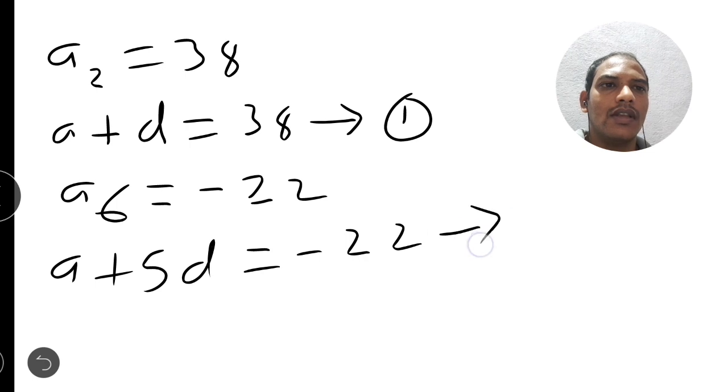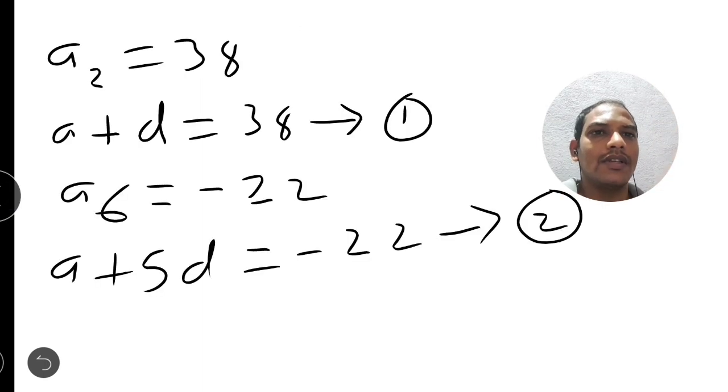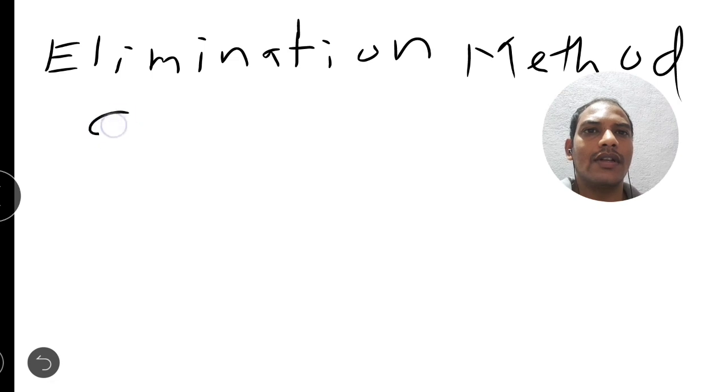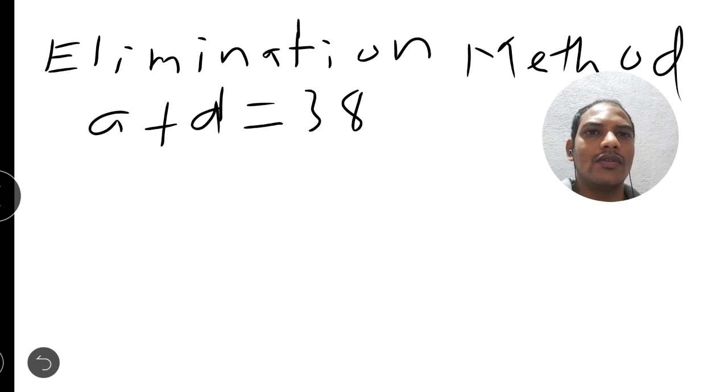This is equation 2. So use the elimination method to solve the two equations. The first equation is A plus D equals 38. First you have to write the equations like this, and next A plus 5D equals minus 22.